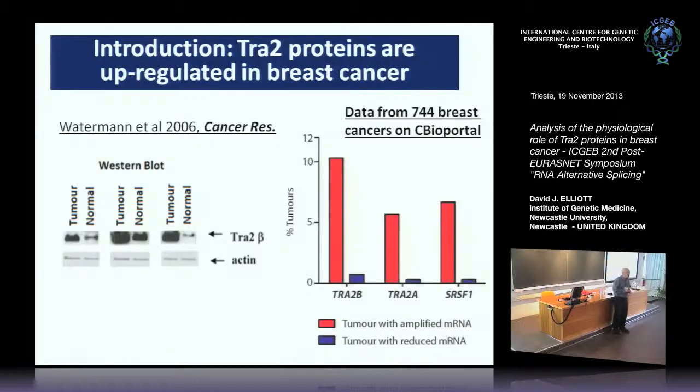And we looked ourselves at some data which was available on the web in a database called cBioportal, which showed that in a larger cohort of breast cancer patients, Tra2 was elevated at the mRNA level in about 10% of tumors. Tra2 alpha, which is the other Tra2 protein in humans, was also elevated in some tumors as well. And in the same cohort, SRSF1, which is a known oncogene from Adrian's work in breast cancer, was also elevated.